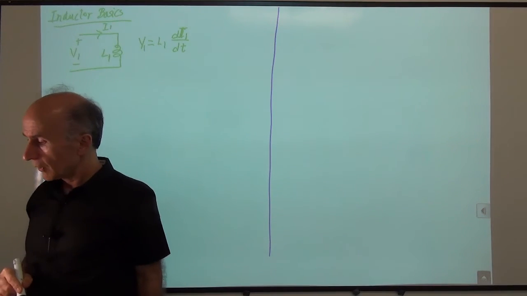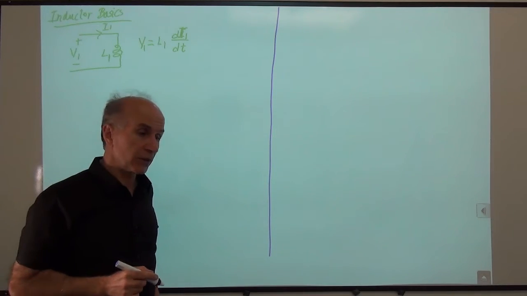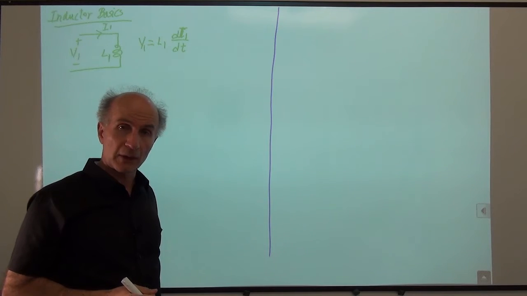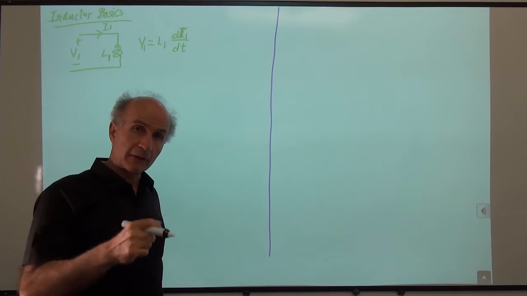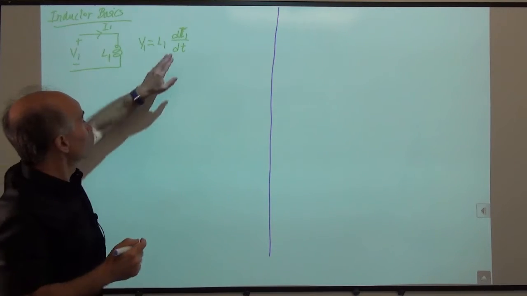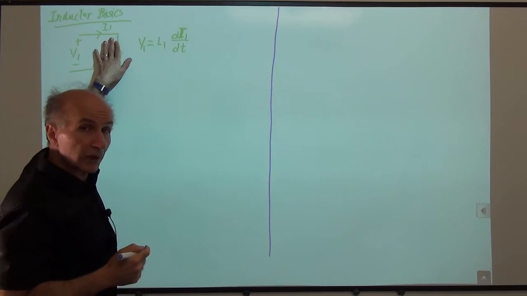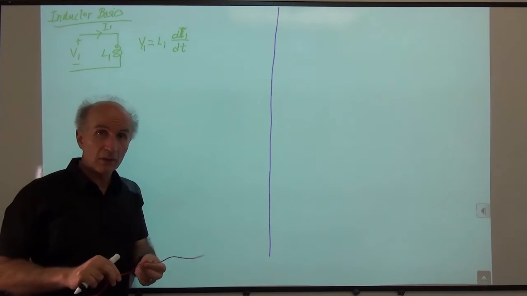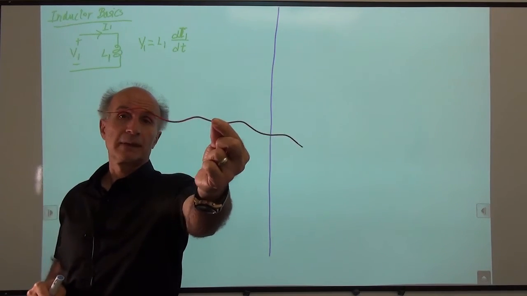Okay, so this partially agrees with our basic understanding that I just mentioned a minute ago, right? It says that if the current through this structure doesn't change with time, there's no voltage. The voltage is zero. So if there's no change in current, the structure just looks like a piece of wire, right?